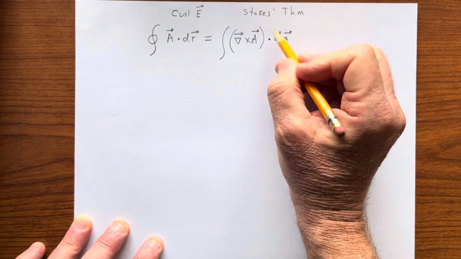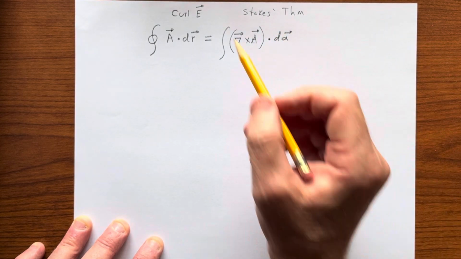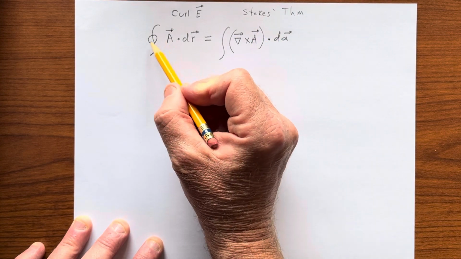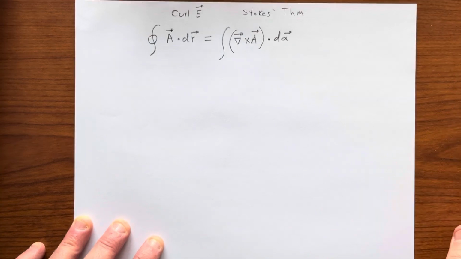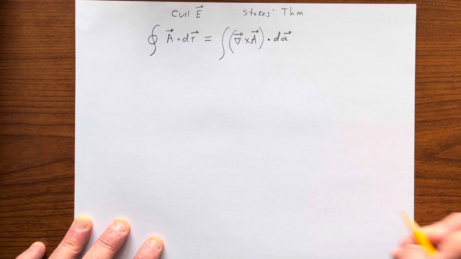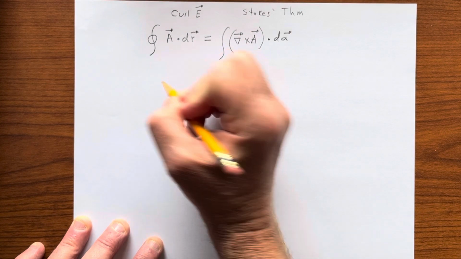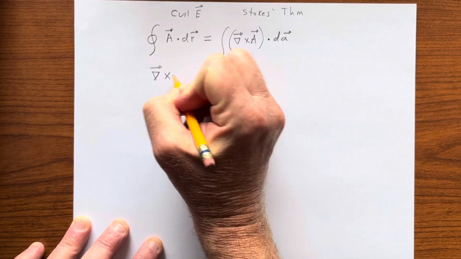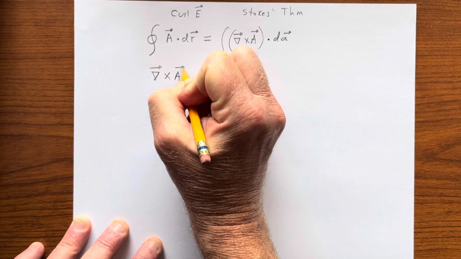So it's the integral of the curl over a surface, right? That surface has this loop as its boundary. That's Stokes's theorem.